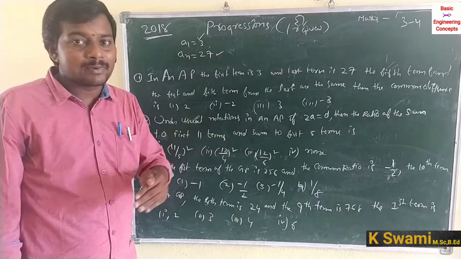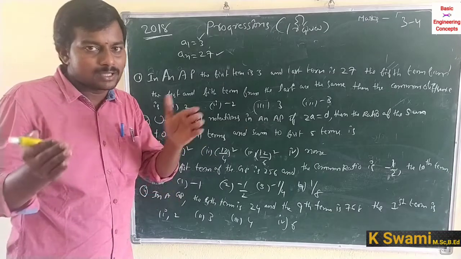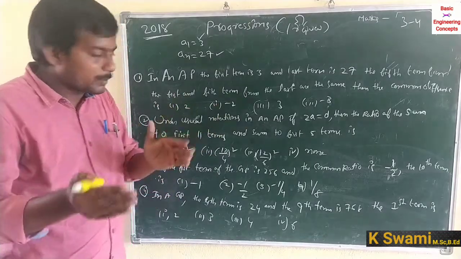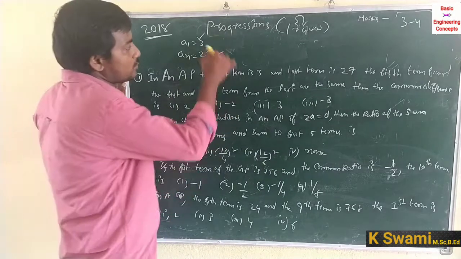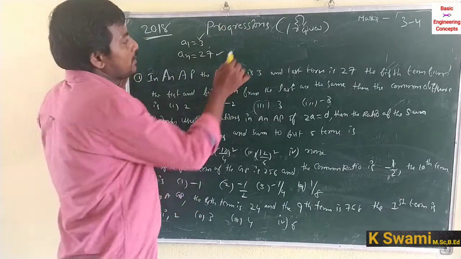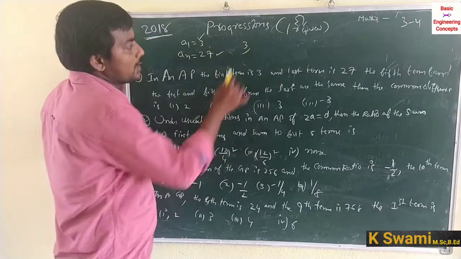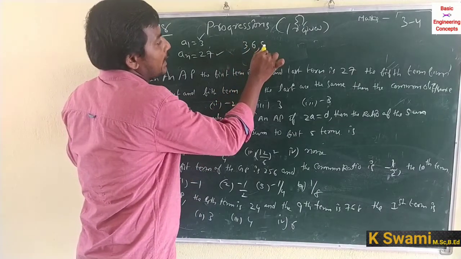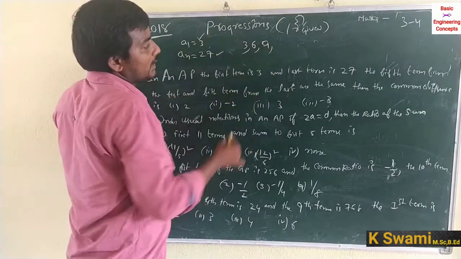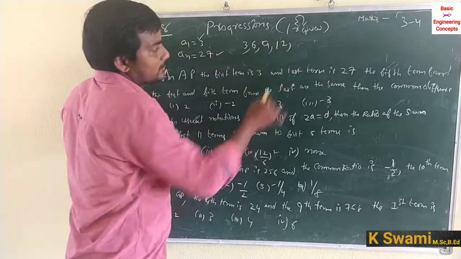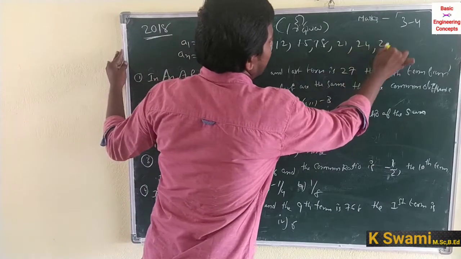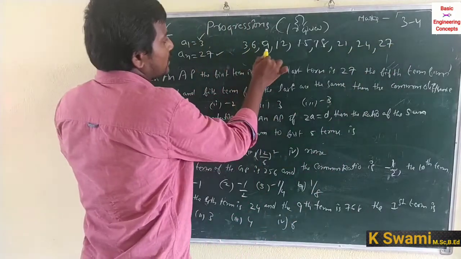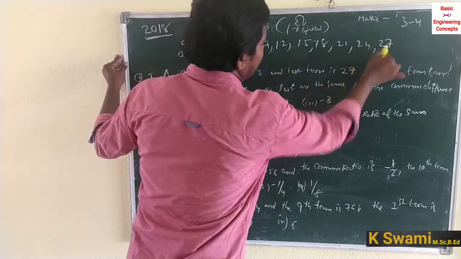Suppose multiples of 3: 3, 6, 9, 12, 15, 18, 21, 24, 27. That is 1, 2, 3, 4, 5, 6, 7, 8, 9.